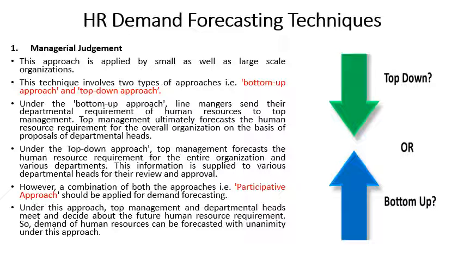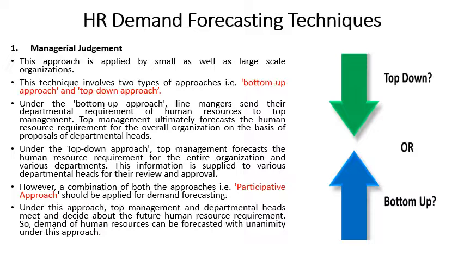In the top down approach, top management will forecast the human resource requirement for the entire organization and for various departments. This information is supplied to various departmental heads for review and approval. Top management will decide the number of people that will be allocated to each department, and that proposal will be given to each department.